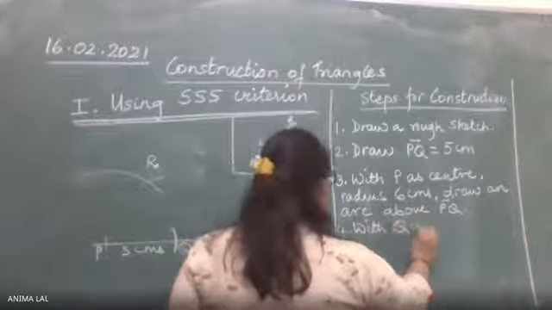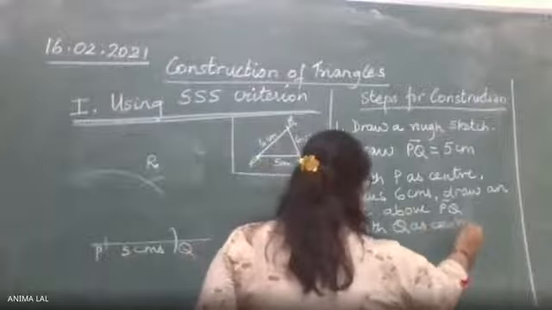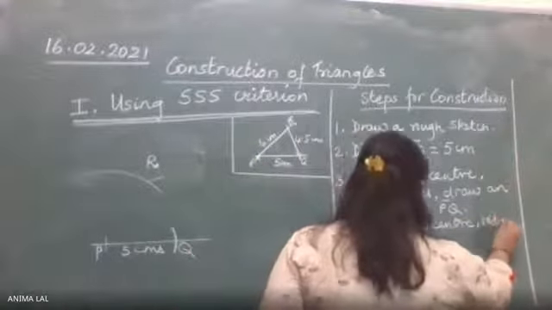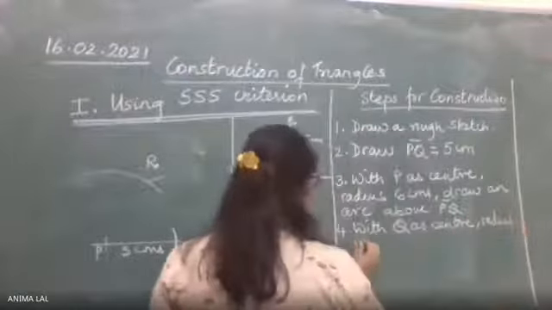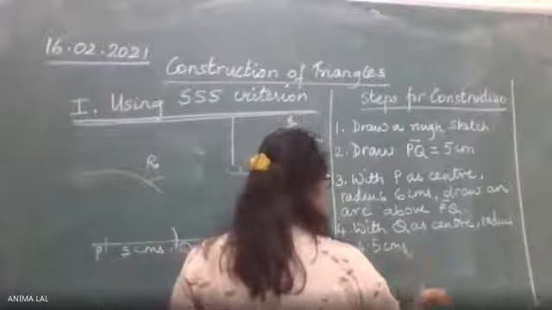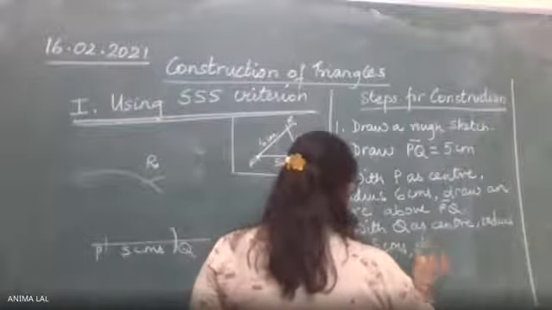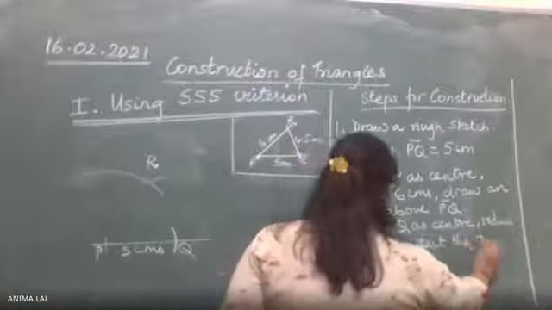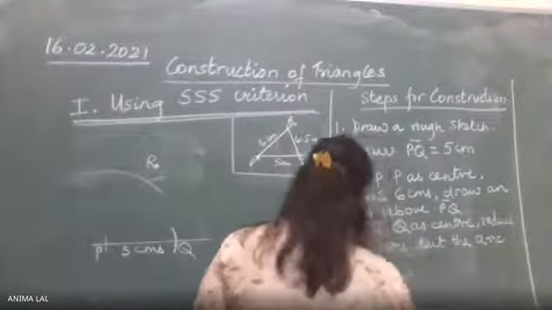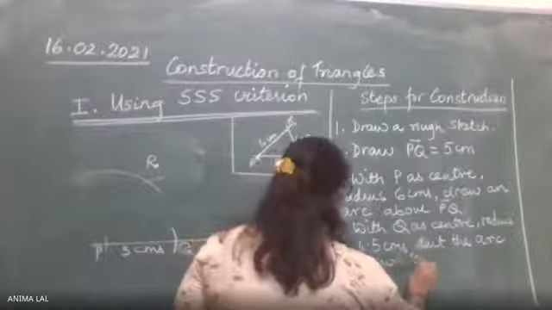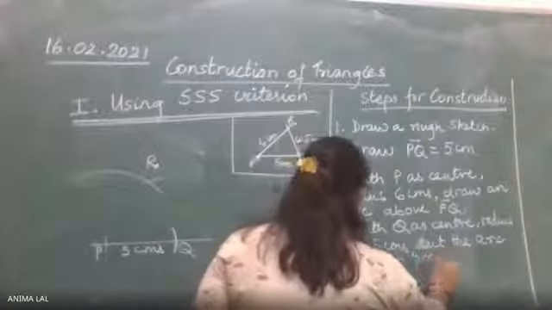So our next step was: with Q as center, radius 4.5 centimeters, cut the arc drawn previously.